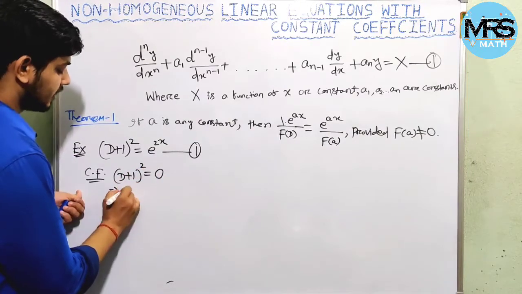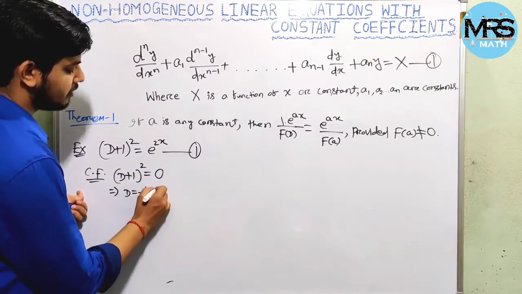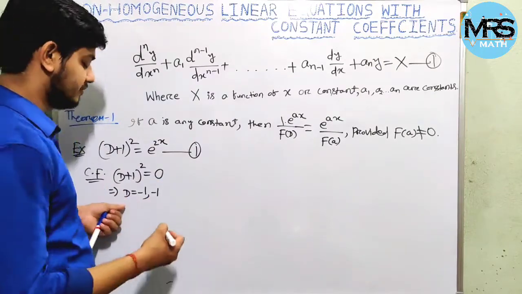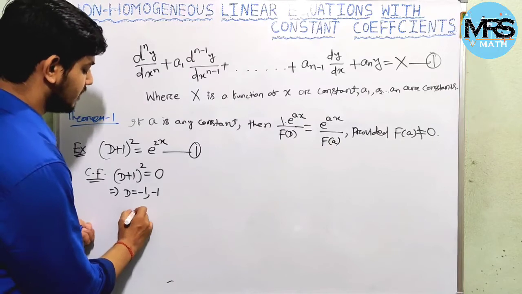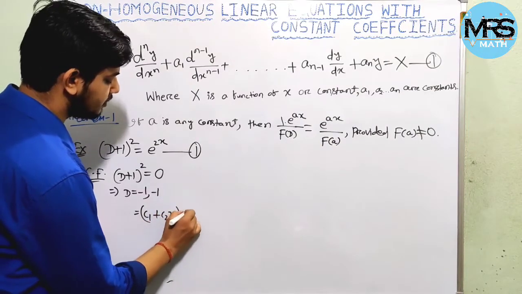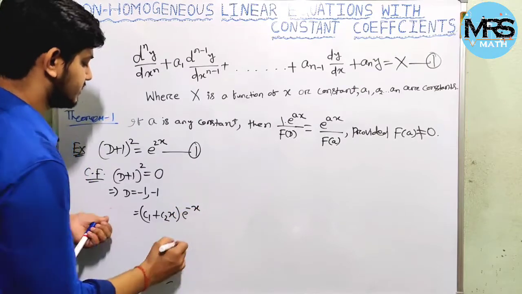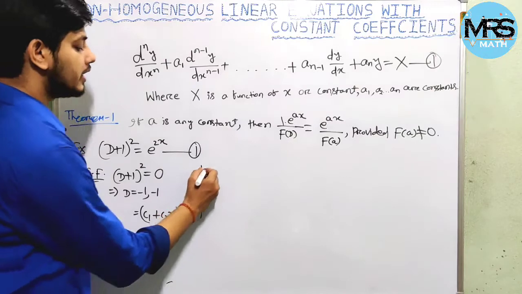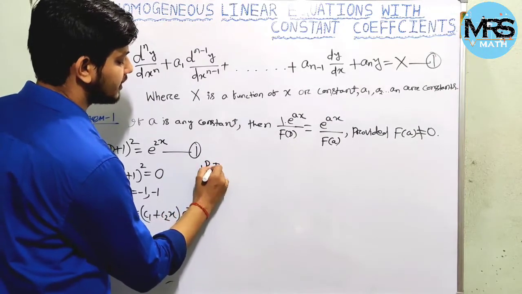That means d will be minus 1, minus 1, one root repeated 2 times. So the complementary function will be c1 plus c2x into e to the power minus x. Now we are worried about the particular integral.